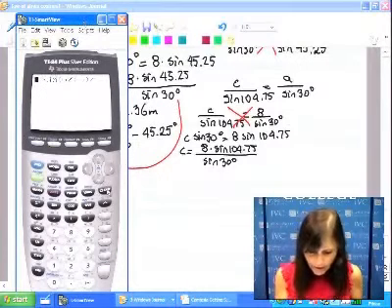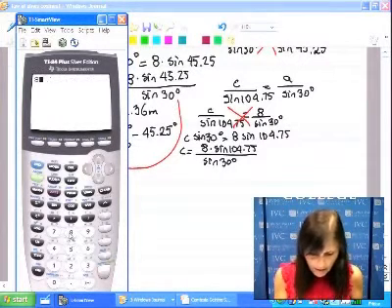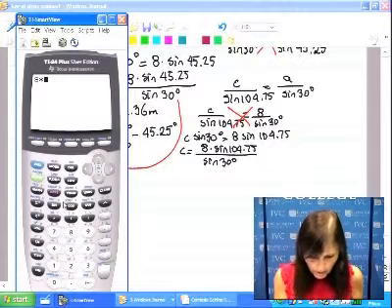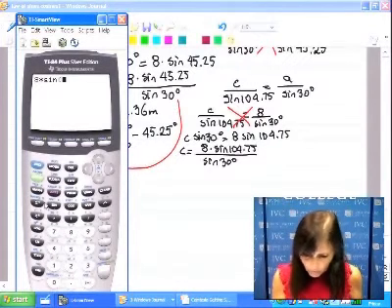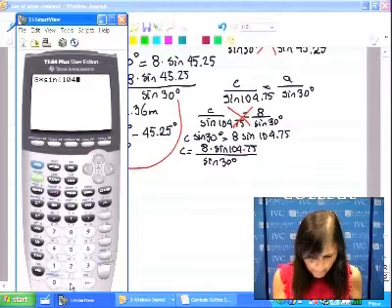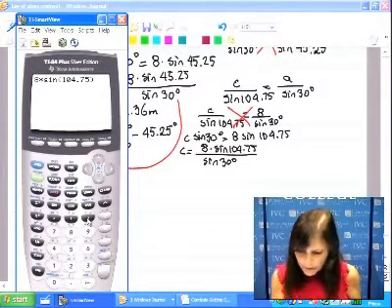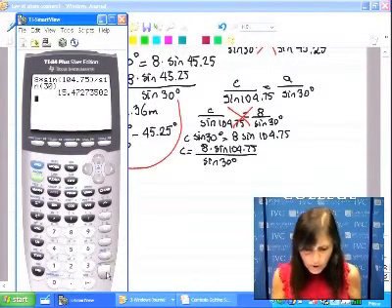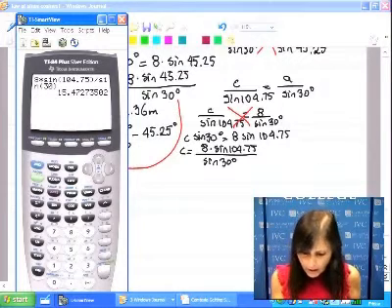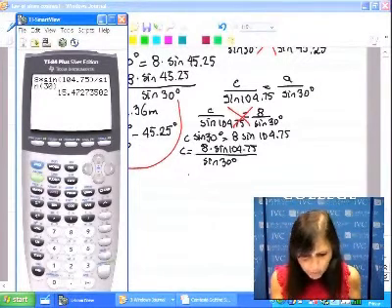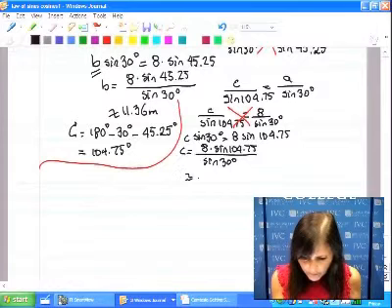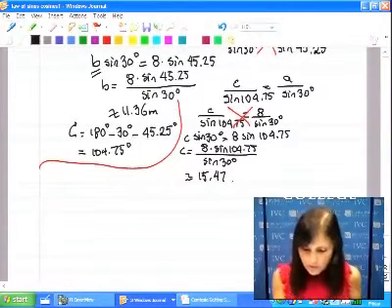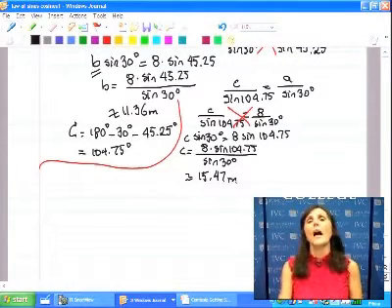So you're going to have 8 times sine of 104.75 divided by sine of 30. Push enter, and I got 15.47. And that's in meters. Okay.